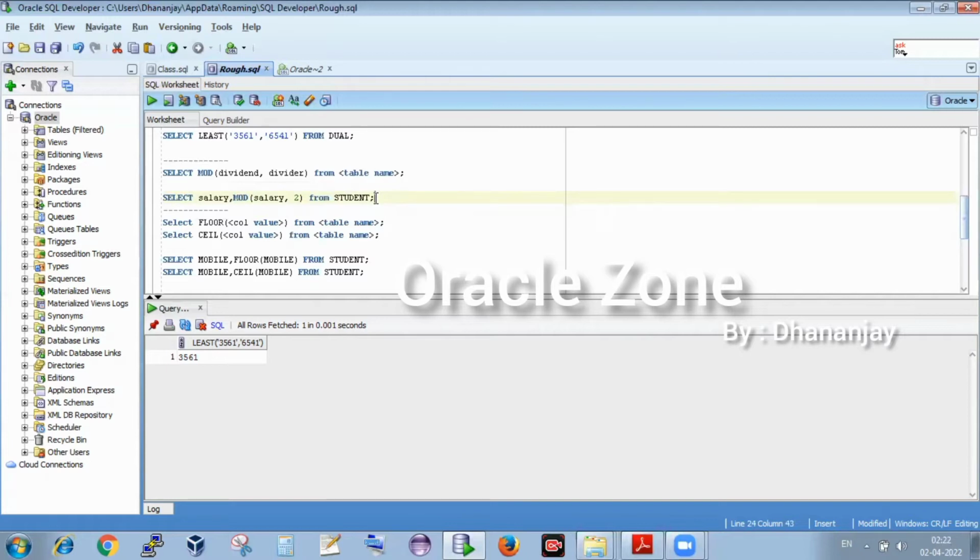The remaining will be 1, because 2 times 2 is 4 and 1 will be the remainder, right? So mod will return that remaining value. If it is completely divided, mod will return 0. If it is not completely divided, it will return the remaining value.